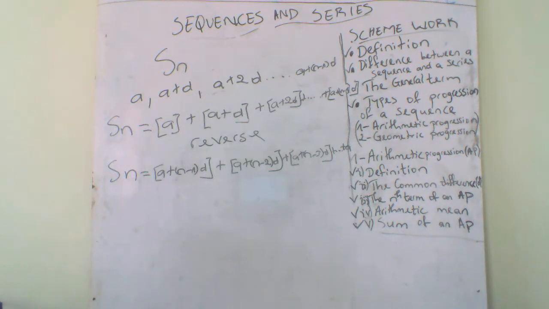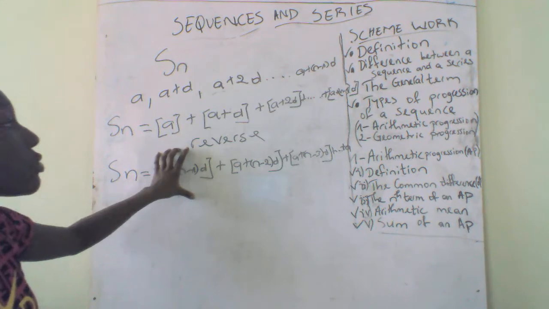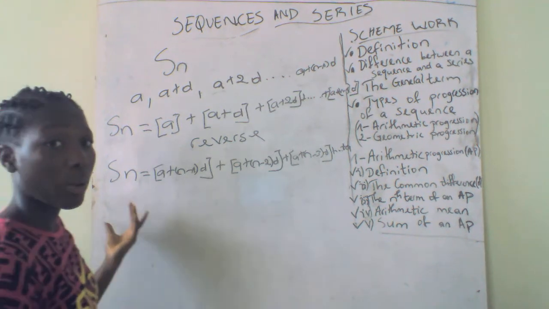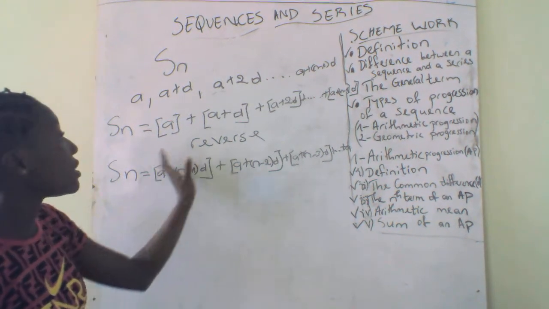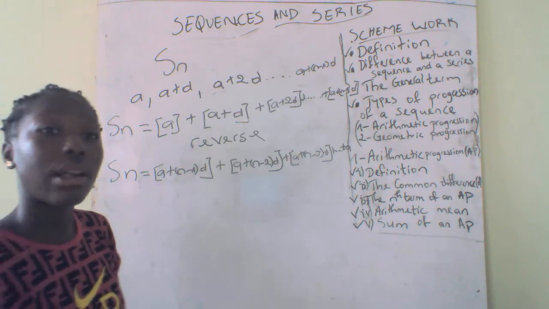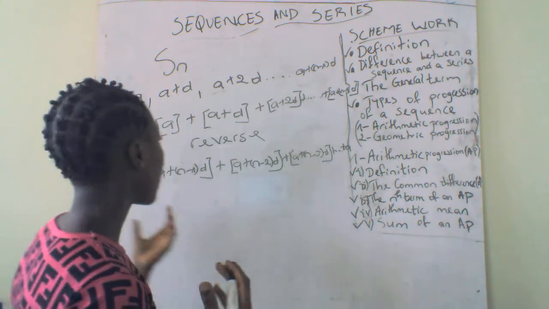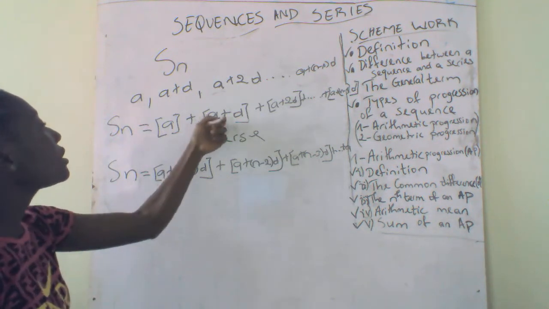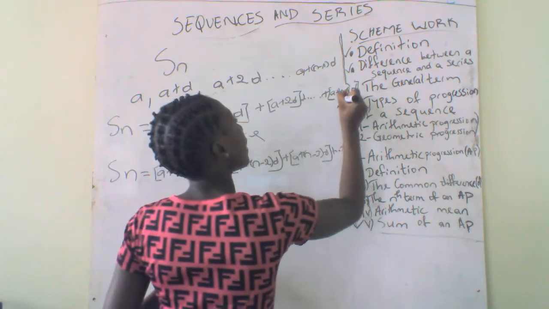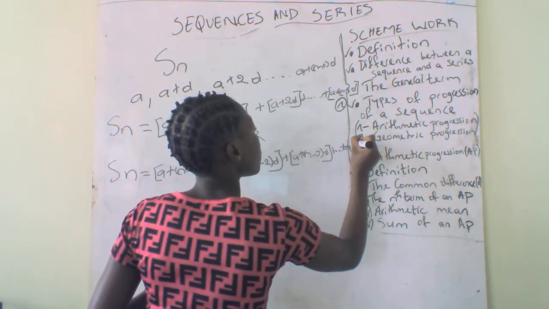I'm doing this because we are looking for a formula for our Sn. We can't allow it to be this long. So we are looking for a way to give it a formula. So we can call this first equation 1 and the other 2.